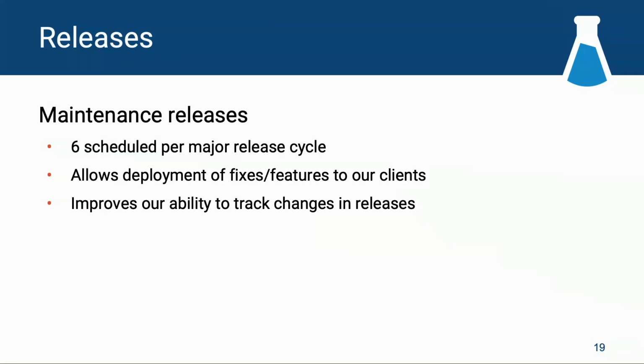So the other thing with not only the maintenance releases, but also the other formal releases, by going to a combination of semantic versioning adoption as well as our move to GitHub, is we can track our changes a little bit better.